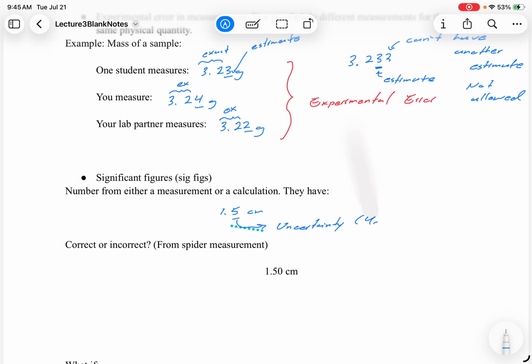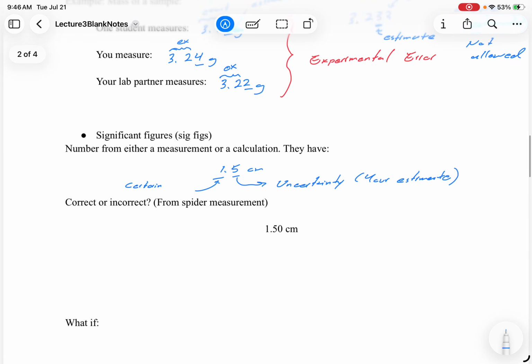This is your estimate. And this is what you are certain about. You are certain that you are at one, or, I mean, you are passing one, right? You are certain about that.